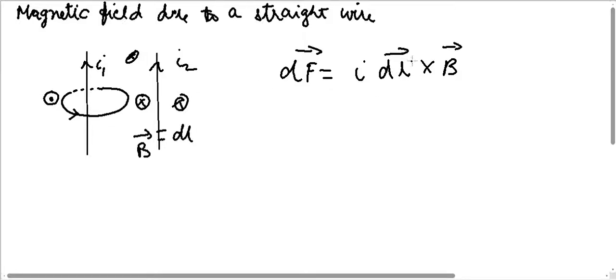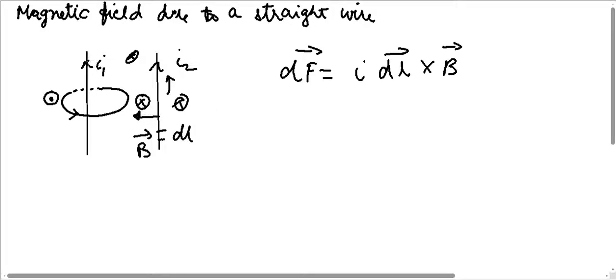And if I find the direction of dF, dl is along the direction of the current, and B in this particular case is going in. If I apply the rules of cross product, my right hand thumb rule which we discussed in the first video of magnetic field, we will know that it experiences a force in this direction.